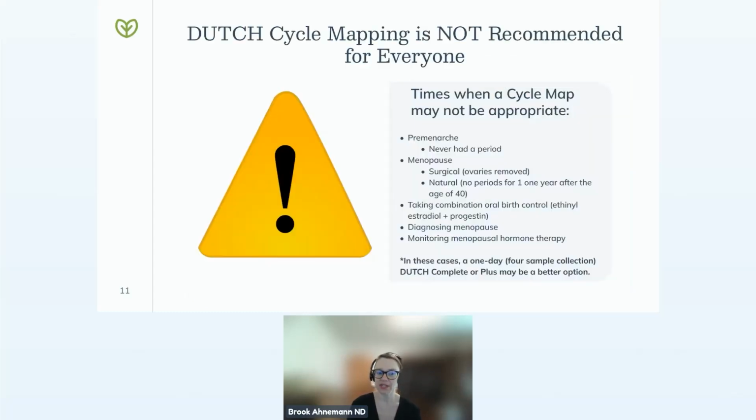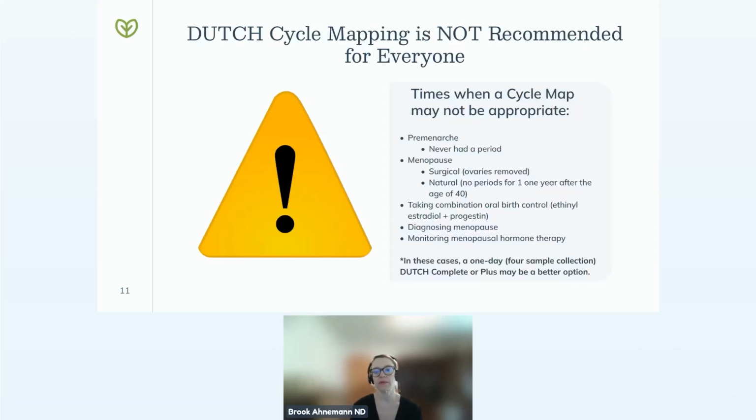We don't necessarily recommend the cycle map for all patients. There are some where a single day collection may be a better option. So if a patient has not gone through puberty and has not had a menses yet, we wouldn't recommend a cycle map. Once they've entered menopause, either surgical or natural menopause, they're no longer hormonally cycling, and so we wouldn't recommend the cycle map.